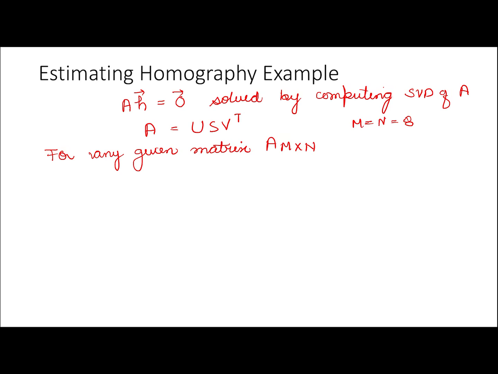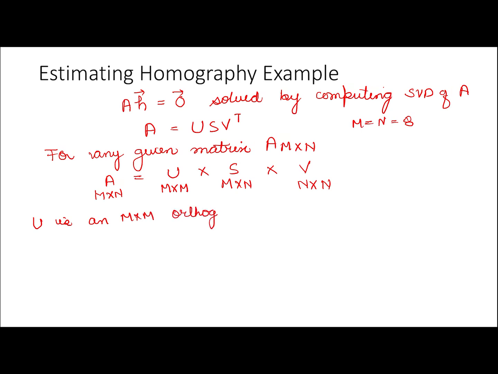So this is the general formulation where I can write it like this. This is an M cross M matrix, this is an M cross N matrix, and V is an N cross N matrix. Now here U is an M cross M orthogonal matrix.